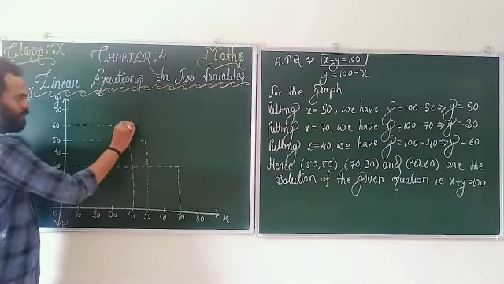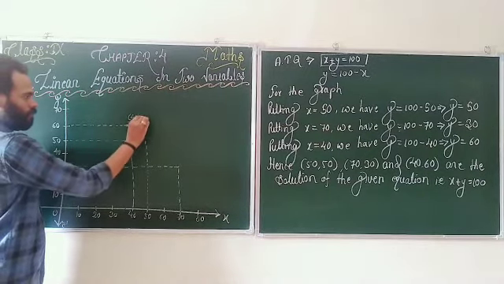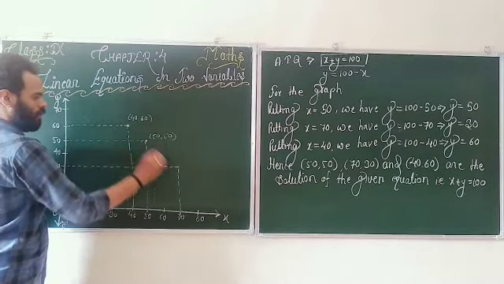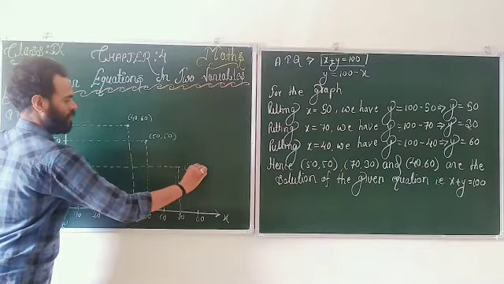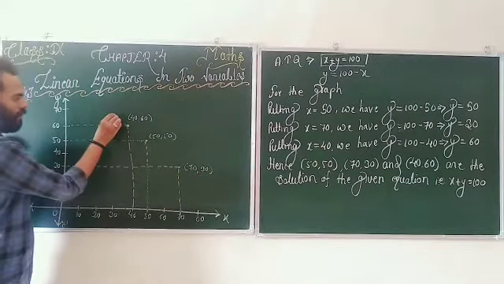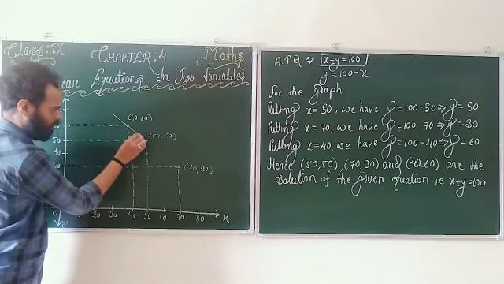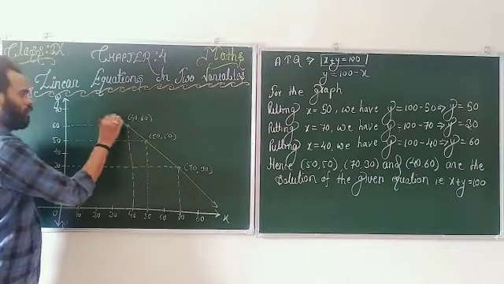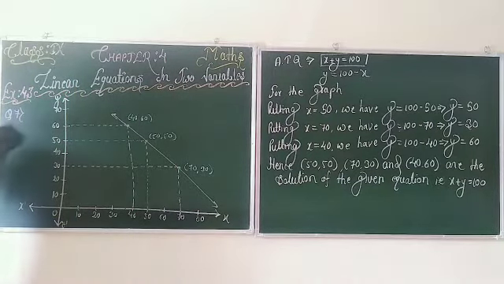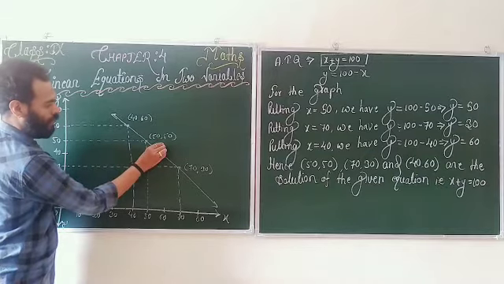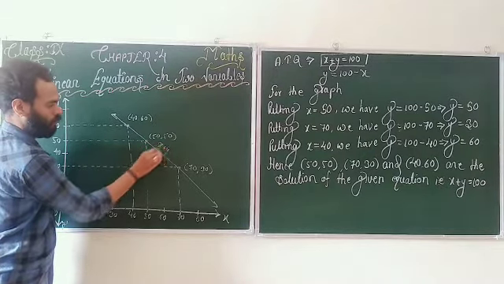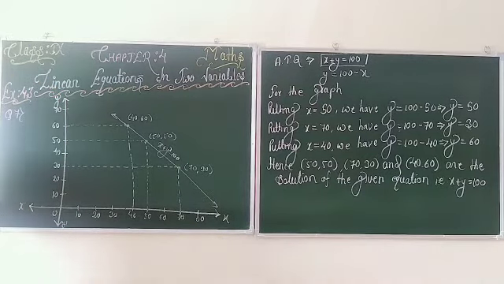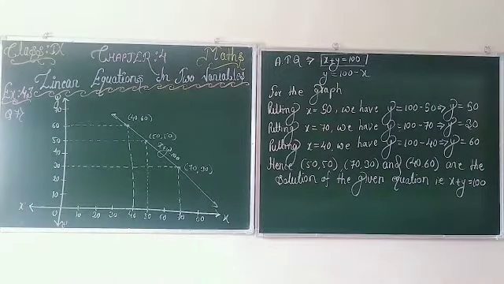Now here we get 40, 60; here we get both 50; and here we get x is 70, y is 30. Now we draw the equation x plus y is equal to 100, or we can say y is equal to 100 minus x. So this is the graph for the given equation.